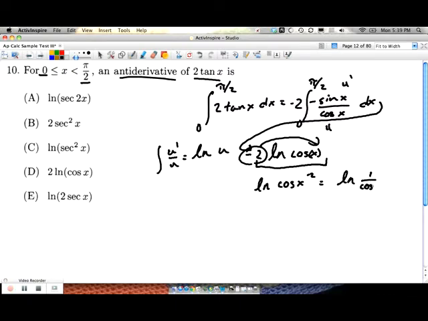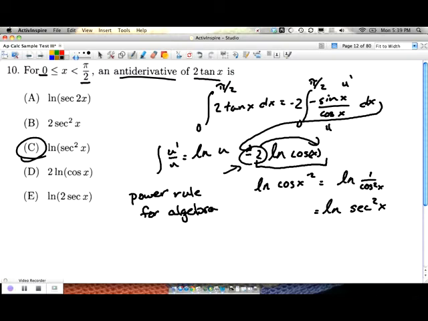And 1 over cosine is really secant. So this is natural log of secant squared x. Now it looks like one of these answers. So we have to realize that the power out front, the power rule for algebra with logs, allows us to take this to this to this.